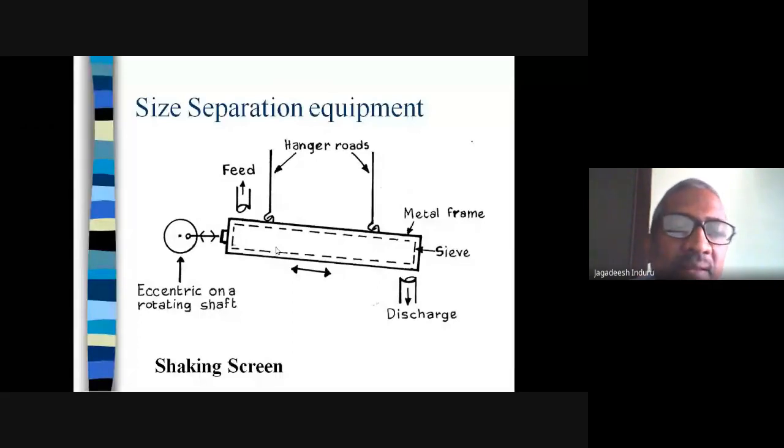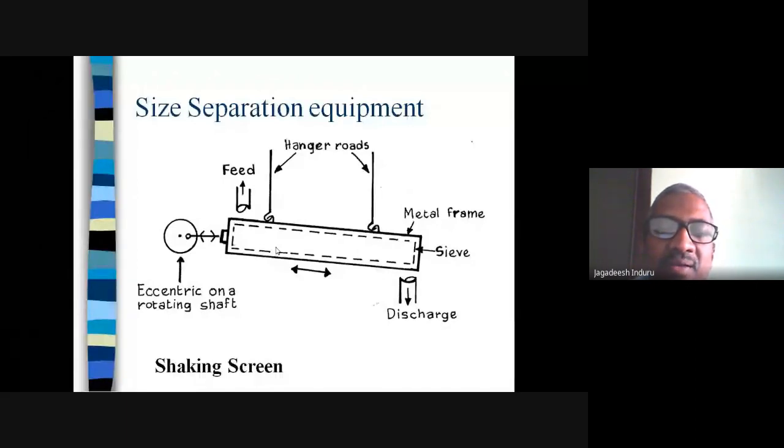The second parameter is the slant. If it is parallel in nature, with no slant, then your material discharge will not be fast. So you need to create a slant, so the angle of slant is one parameter. Why can't we make it too slanty to get too much output?